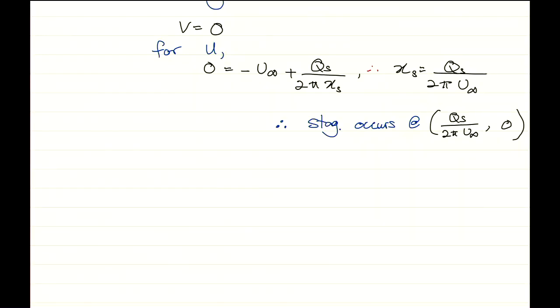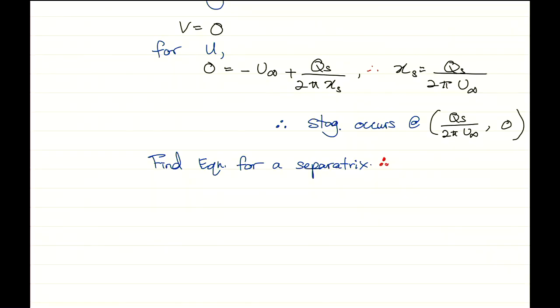I want to find my separatrix. You want to find an equation for a separatrix. Okay, so can anybody tell me how I can find the equation for a separatrix, or equation for a streamline?